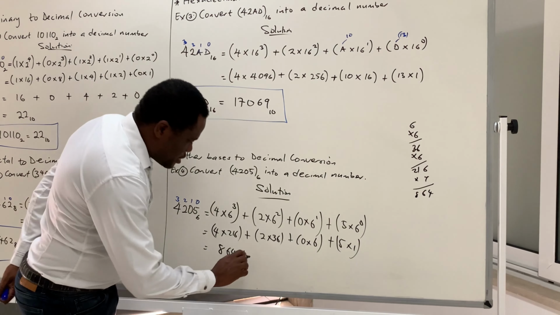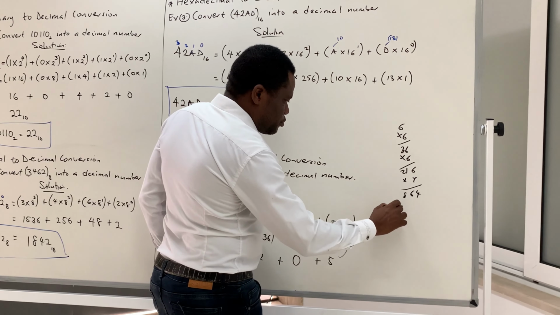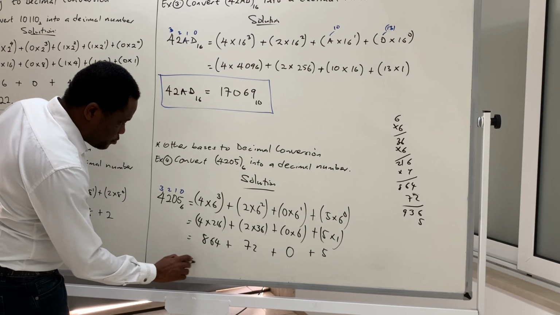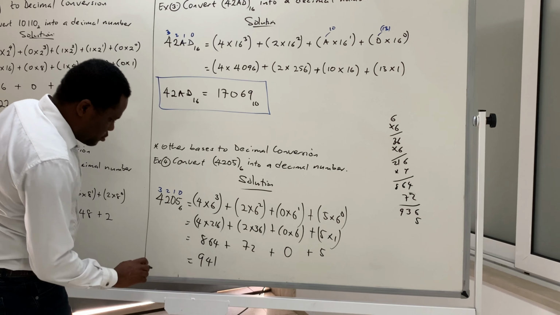So sum everything up. 864 plus 72 gives us 936, plus 0, same, plus 5. That should give us 941. This means 4205 in base 6 is equivalent to 941 in base 10.